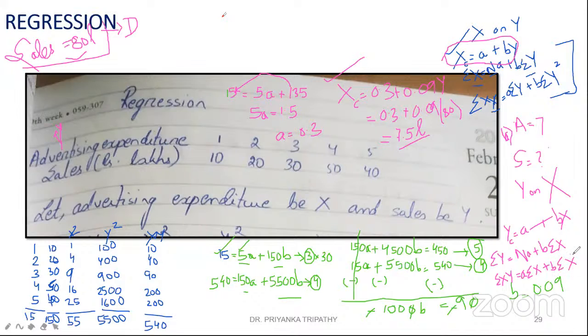Understood? In which context are we taking independent variable on dependent variable, and in which context are we taking dependent variable on independent variable? Did you understand the context? Yes, ma'am.